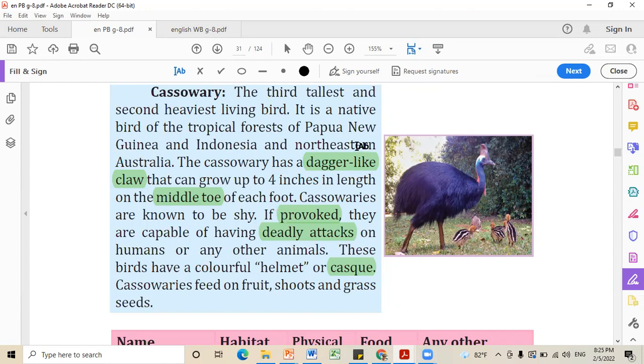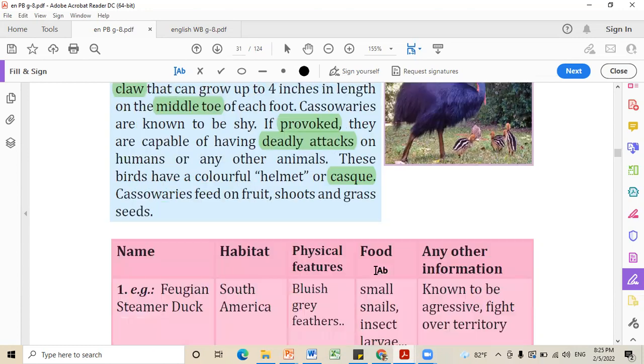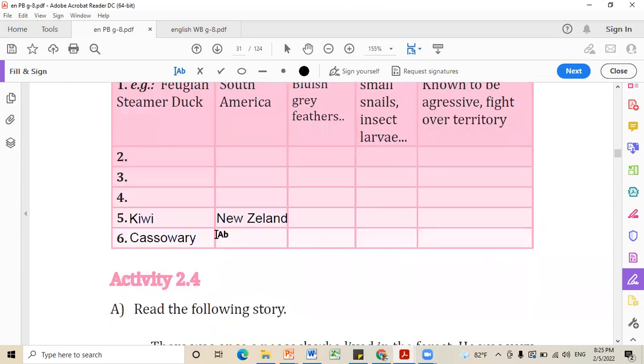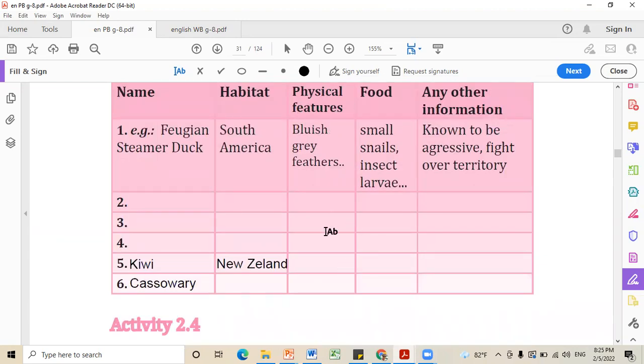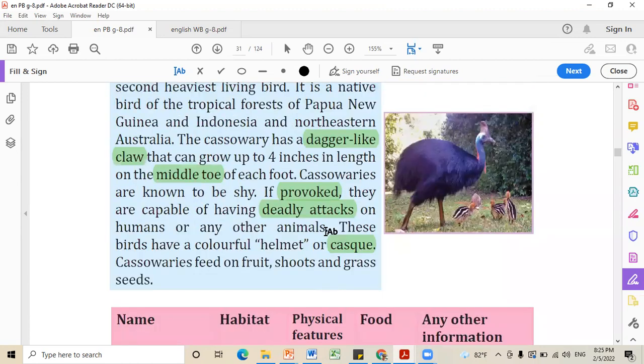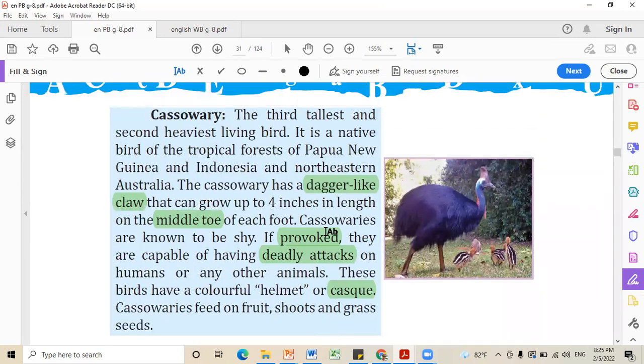Yes, very good. So we have Papua New Guinea, Indonesia, and northeastern Australia, right? So that is where they live. So we have to write that in this table, right? Next, we have the physical features. So Hirusha, would you like to try what are the physical features which are given here?